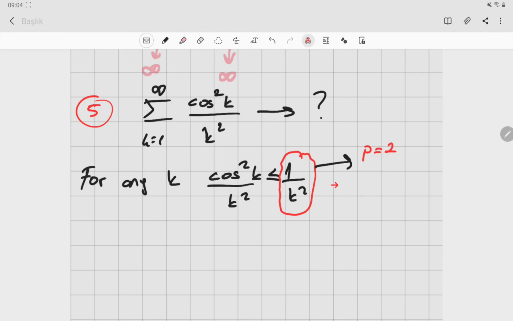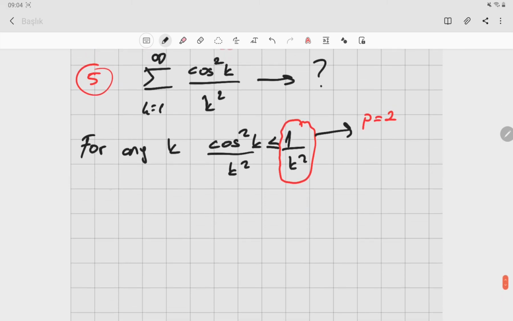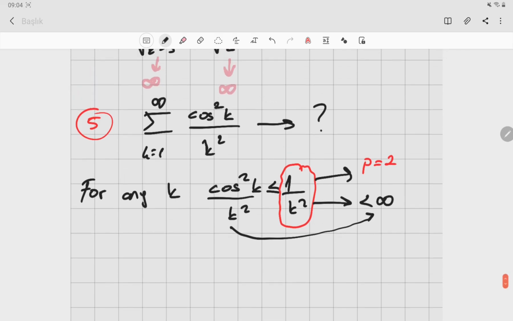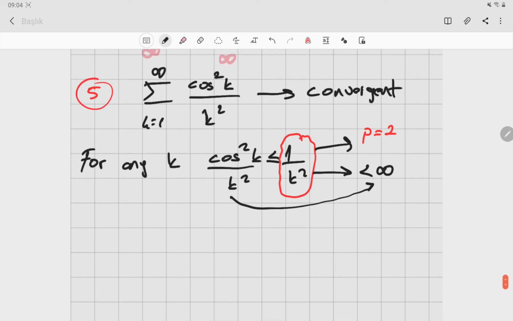So this means that the big part is convergent. If the big part is convergent, namely smaller than infinity, then the smaller part is already convergent. Then we may write here convergent.